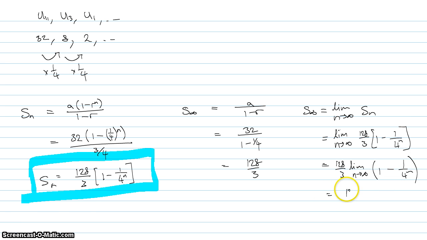And if we substitute in the limit here, the limit of 1 is 1, and the limit of 4 to the n is infinity, so 1 over 4 to the n is 0, so this is 1 minus 0, and that means 128 over 3 is the sum to infinity. And we are done.